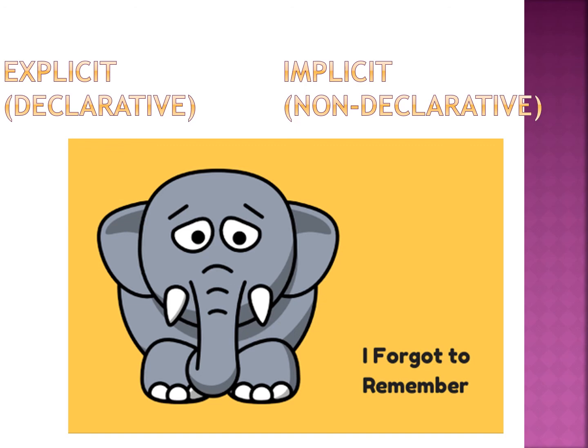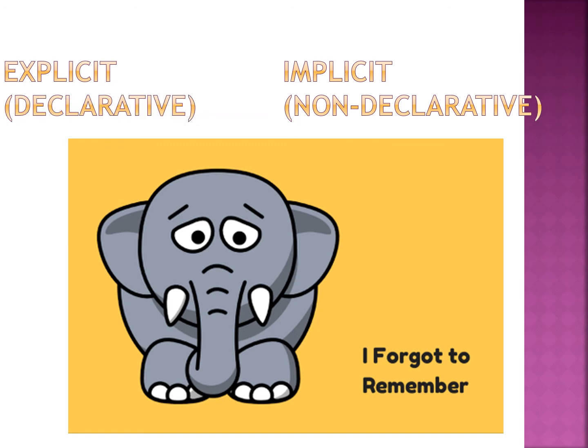And it's right in the name. Just pay attention to what the name is saying. Explicit, declarative. I am declaring this thing, so I am saying it. So declarative memory is talking about things that we are consciously aware of.